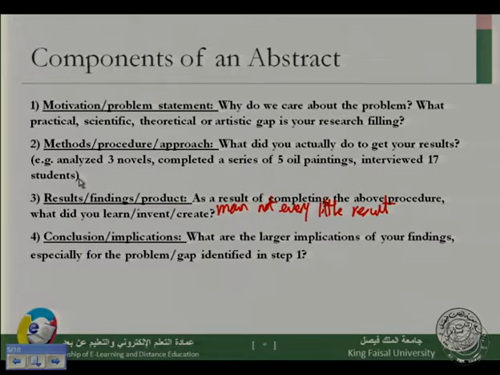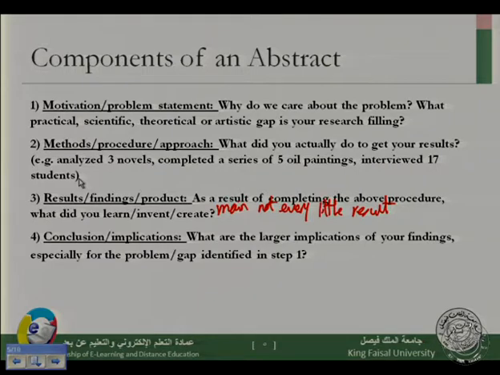So what are the larger implications of your findings, specifically for the problem gap identified in step 1? So you see, we go back to the main problem, because you might have a main problem, but while researching you would find other interesting results that you did not know about from the very beginning. And this is the usefulness of research.